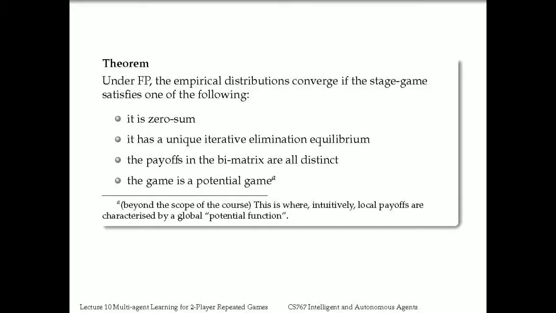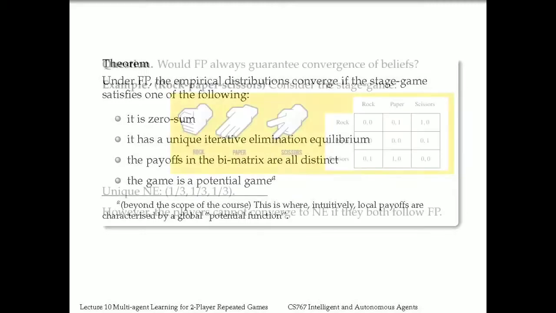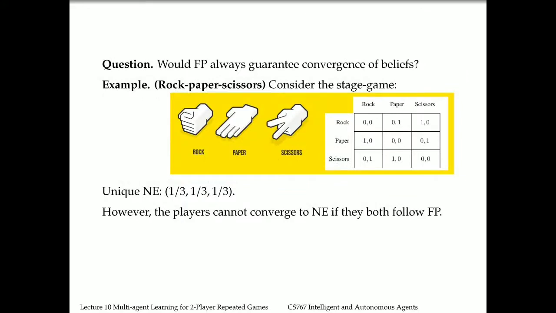But can we find an example where fictitious self-play does not converge? I'm going to give you this very interesting example. It's also very, very simple. So this is a game that we are all familiar with, rock, paper, scissors. And you can come up with this payoff matrix.